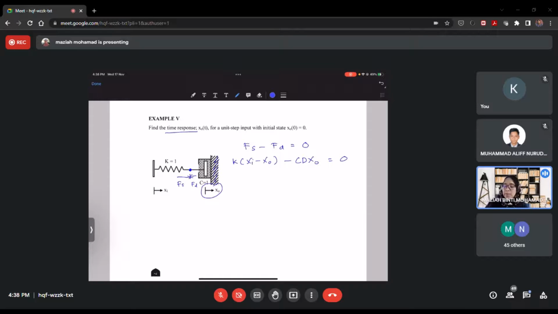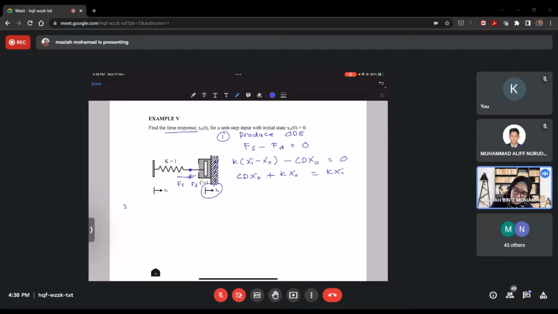Then we separate output from the input. So we have CD x naught plus K x naught is equal to K xi, only to separate the output term from the input term. So this is the first step, produce ODE. We already produced the ODE.